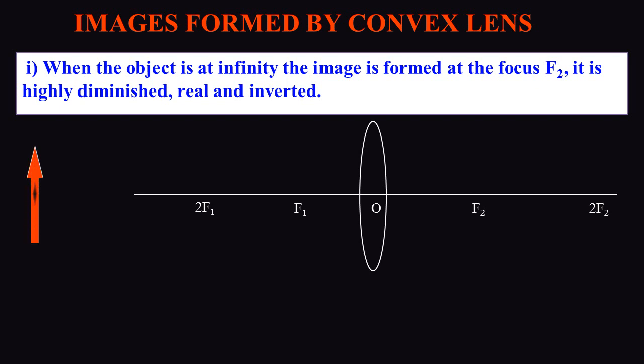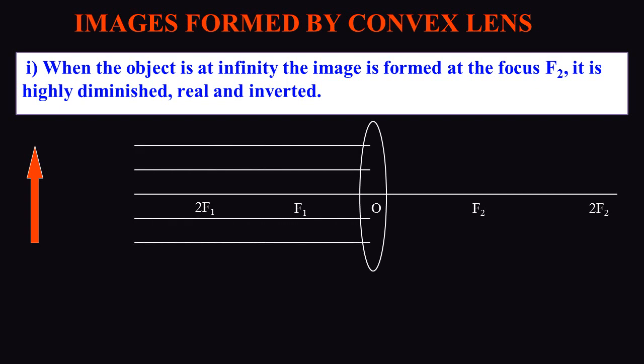In the given diagram, an object was placed at infinite distance from the convex lens, and the parallel rays of light are incident on the convex lens. After refraction, they coincide at the point f2. Hence, the image is highly diminished.